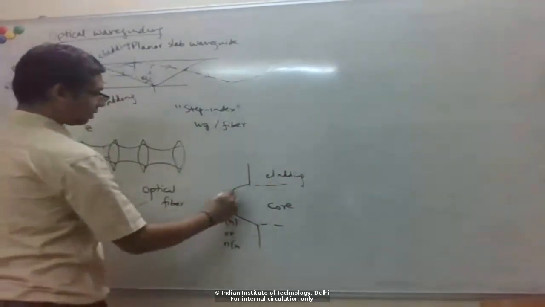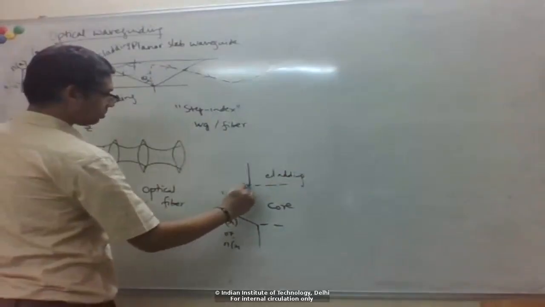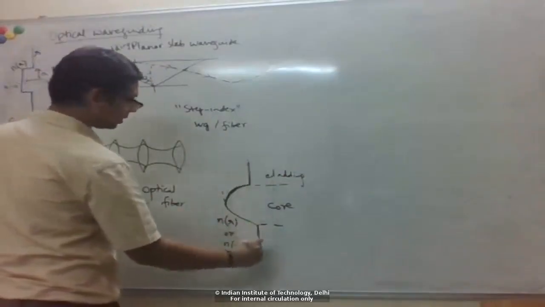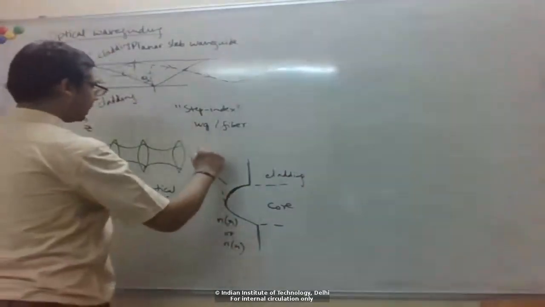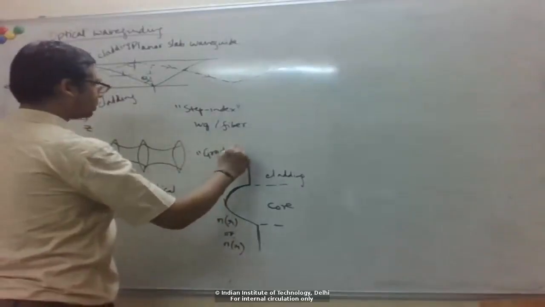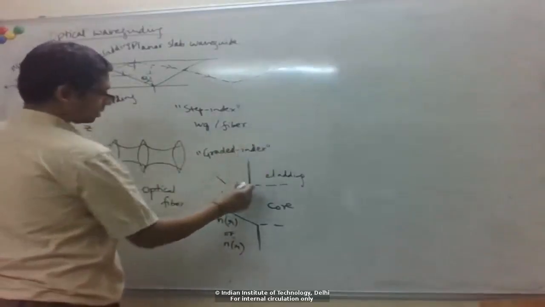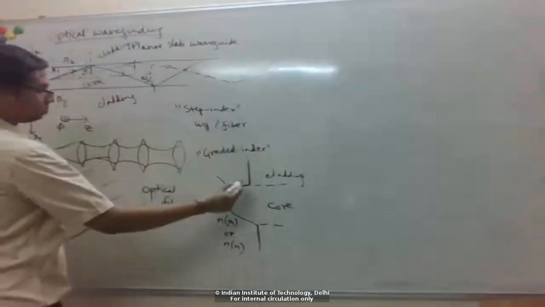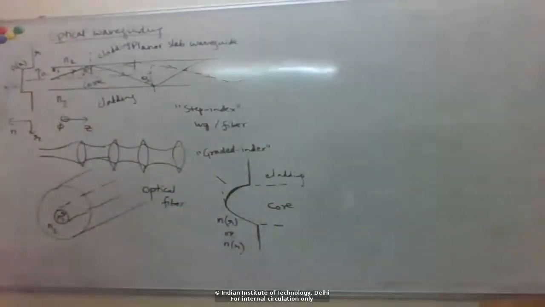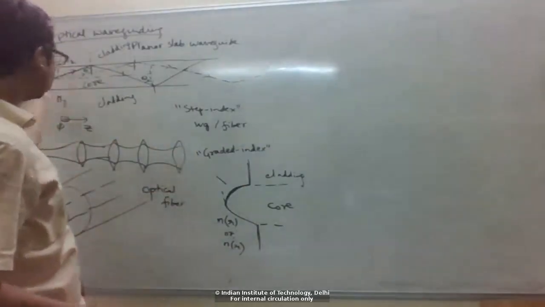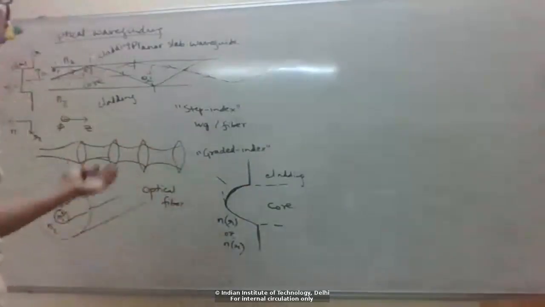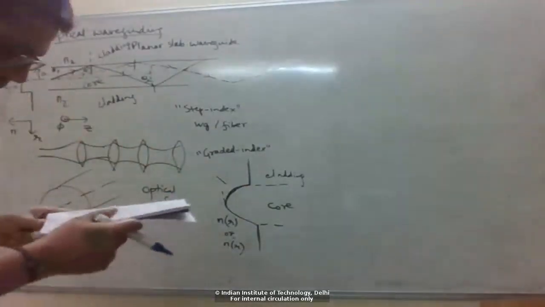So it starts from some maximum value, continuously goes down to some minimum value, and then in the cladding remains at that value. So this is known as a graded index waveguide or fiber, because the refractive index is graded. Practically both types of fibers are made, and we'll see the difference in properties between step and graded index, and why we would want to use one with respect to the other.